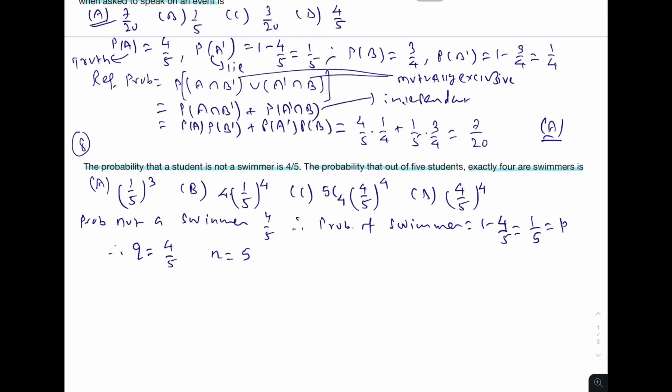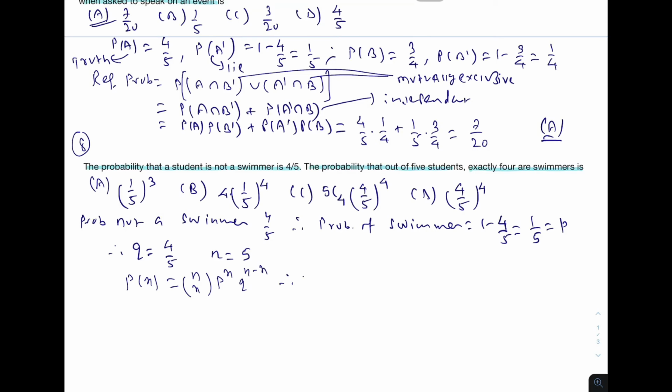This is a question of binomial probability. So P of x is equal to nCx p power x q power n minus x.